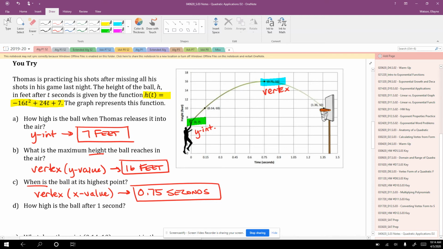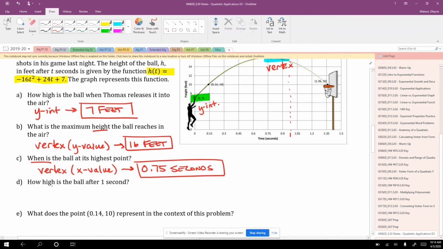And how high is the ball after 1 second? Well, 1 second is somewhere right around here, right? But we don't know exactly what that is based on the graph, so we need to plug that in. So we're going to do h of 1. That means plug in 1 for t, right? Or evaluate the function when t equals 1.